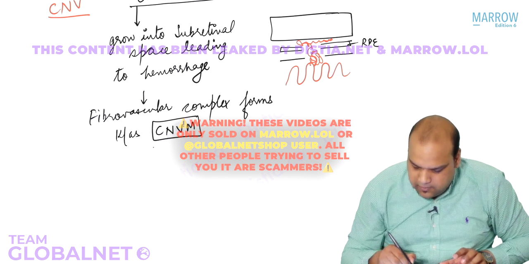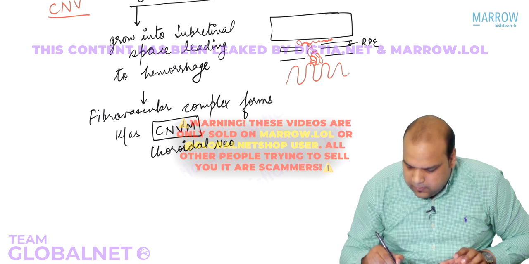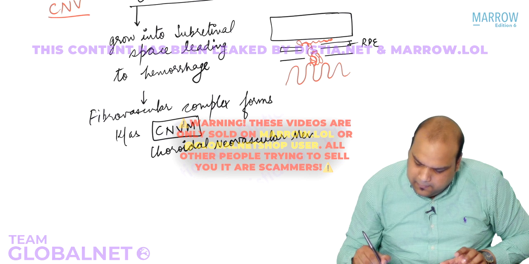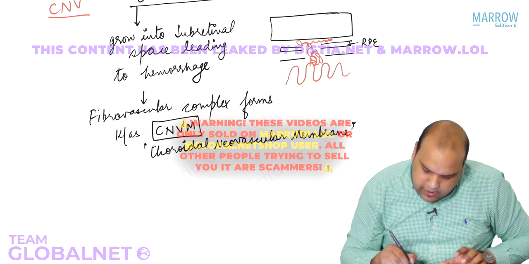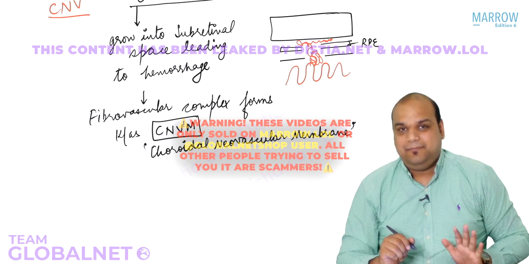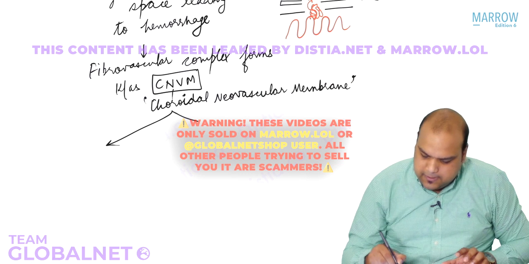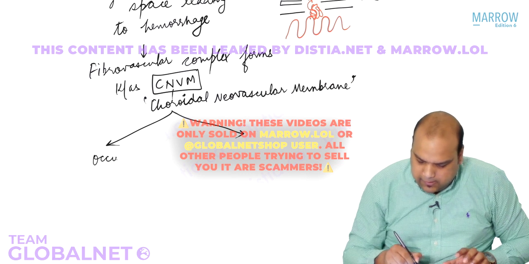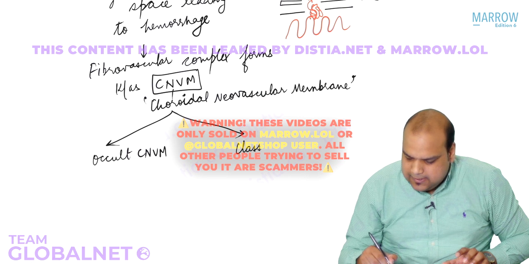CNVM, choroidal neovascular membrane. This choroidal neovascular membrane is of two types: occult CNVM and classical CNVM.